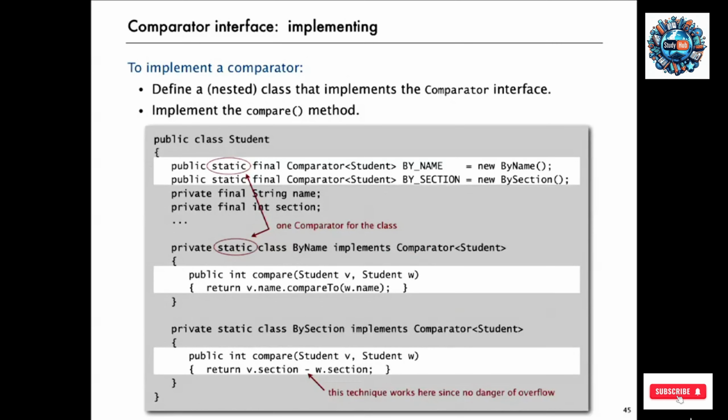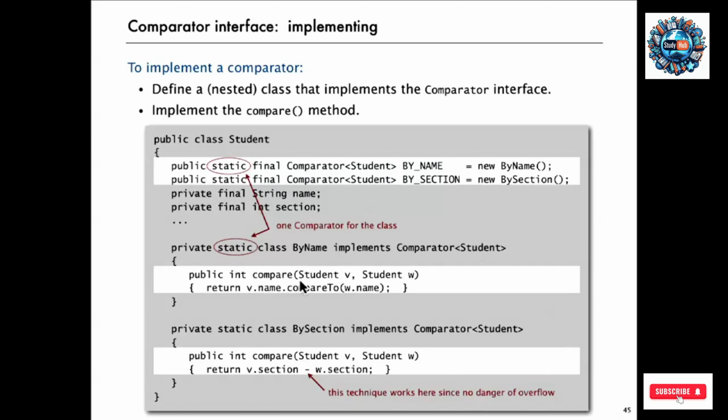It's easy to convert any of our implementations to support comparators. To implement a comparator, you can use this code as a model. I won't go through it all in detail, just to point out that this implements two different comparators as nested classes. So, say for this fictional class Student that's got two instance variables, name and section. And the first one, called ByName, implements a comparator for students.